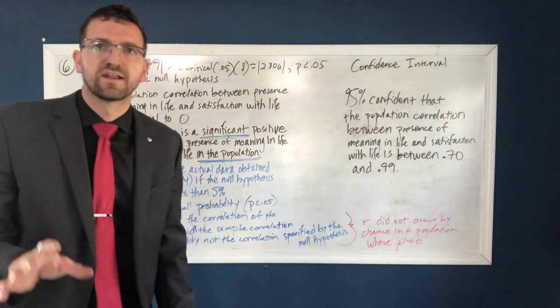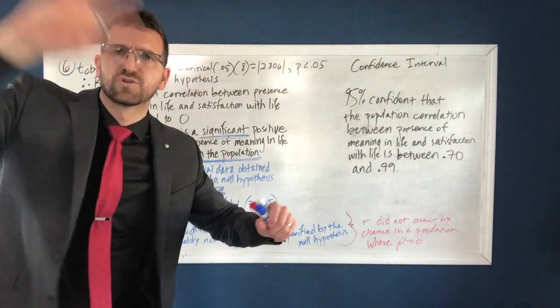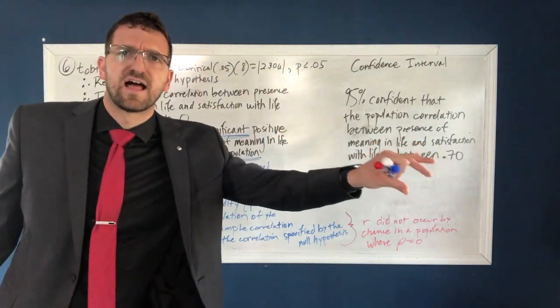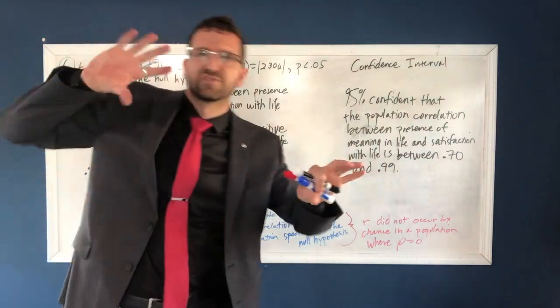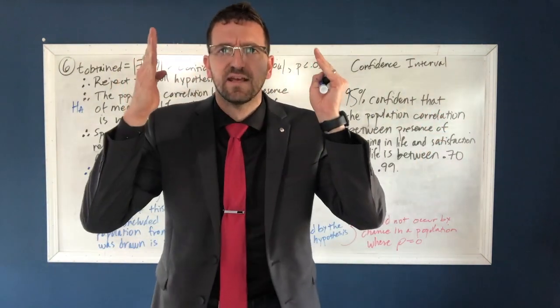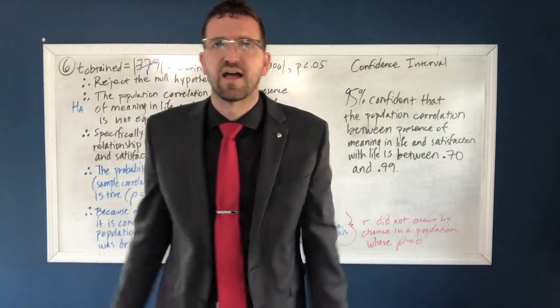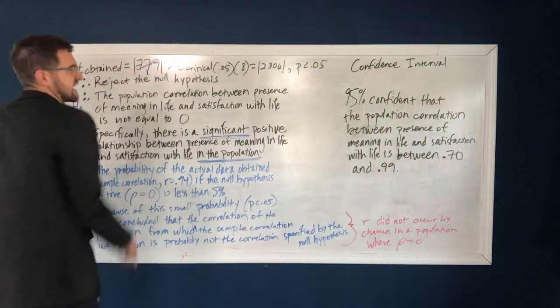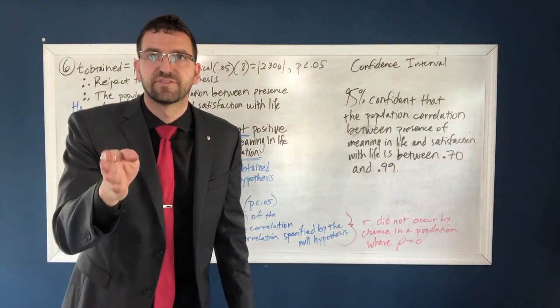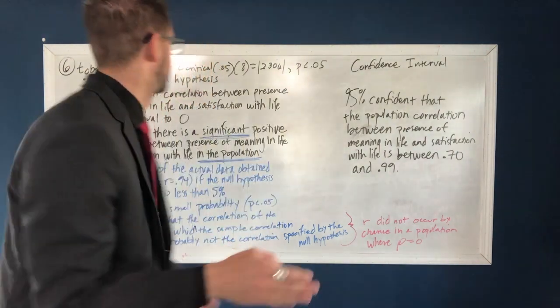I don't have it on the board anymore because I don't have that much room, but you remember that little graph where it had the t critical and then it had reject the null hypothesis, p is less than 0.05, reject the null hypothesis, p is less than 0.05, and then in the center it said p is greater than 0.05, retain the null hypothesis. Well, this t obtained of 1 would be right in the center there. We would retain the null hypothesis, p is greater than 0.05.